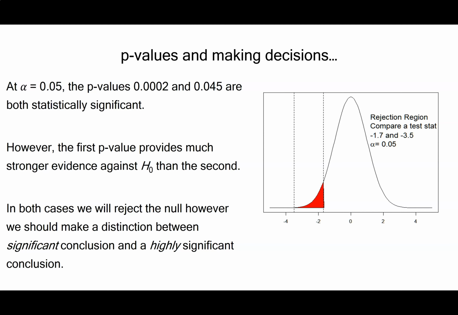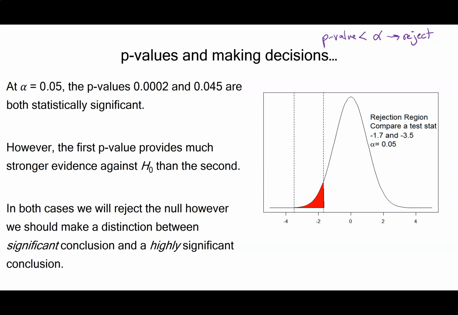So, p-values and making decisions. In general, if your p-value is less than your significance level, you reject. If it's greater than your significance level, you're going to fail to reject.